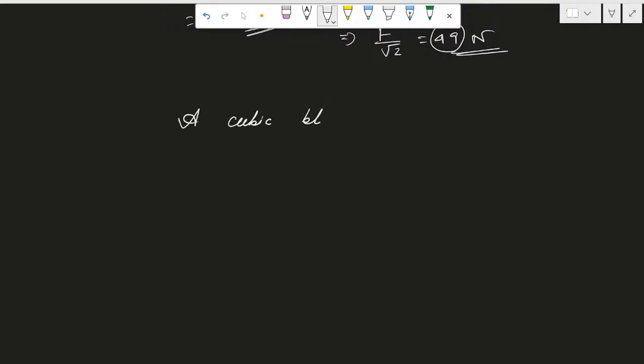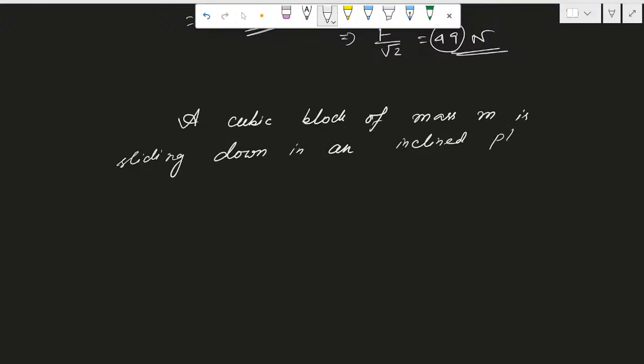And another problem that I must discuss: a cubic block of mass m is sliding down an inclined plane at 60 degree with acceleration of g by 2.